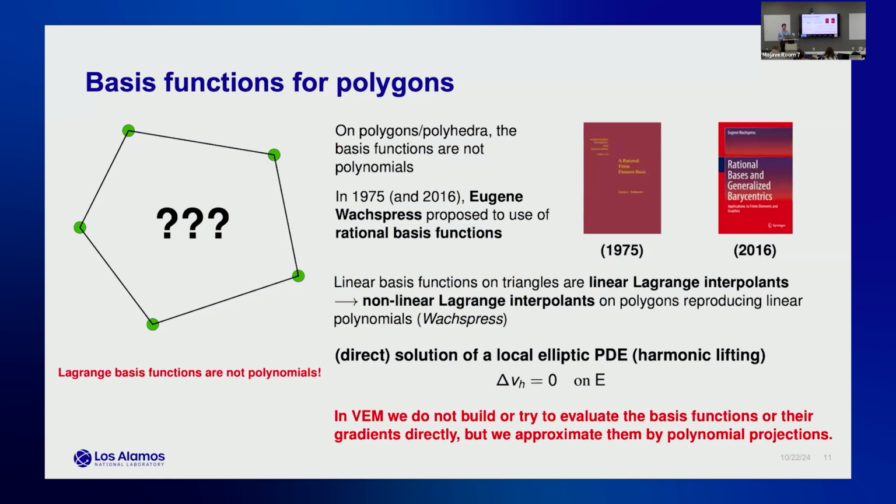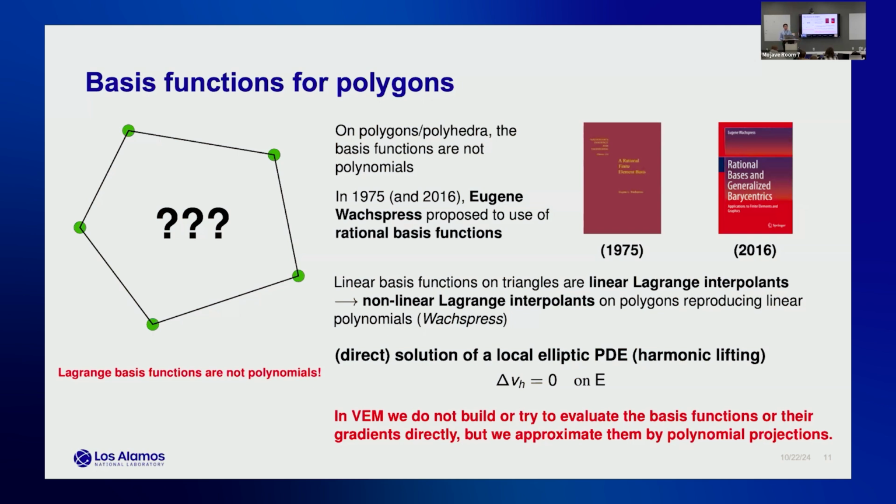This question was studied decades ago by Eugene Wachspress, and his conclusion is that Lagrangian basis functions are not polynomials. So he proposed to use rational basis functions, and he wrote a book which came out in 1975, and another version came out recently, in 2016. So we cannot build polynomial or Lagrangian basis functions on this polygon.